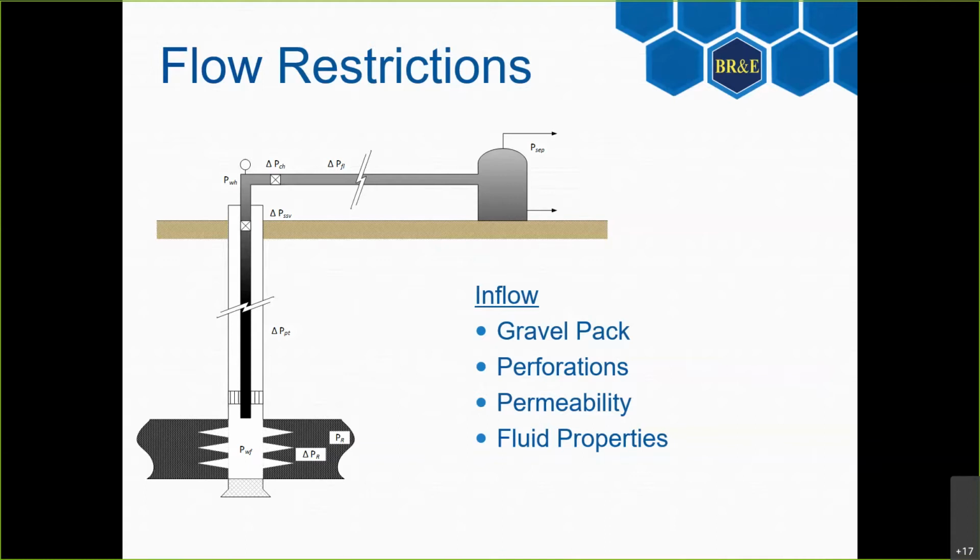And then we also have fluid properties. The fluid itself has some viscosity and some density, and that will play a role too in how quickly the flow can drive through the reservoir and into the well face. We'll talk about how those factors impact the equations that we'll derive, or at least walk through. But those are some of the factors we need to consider on the inflow side.